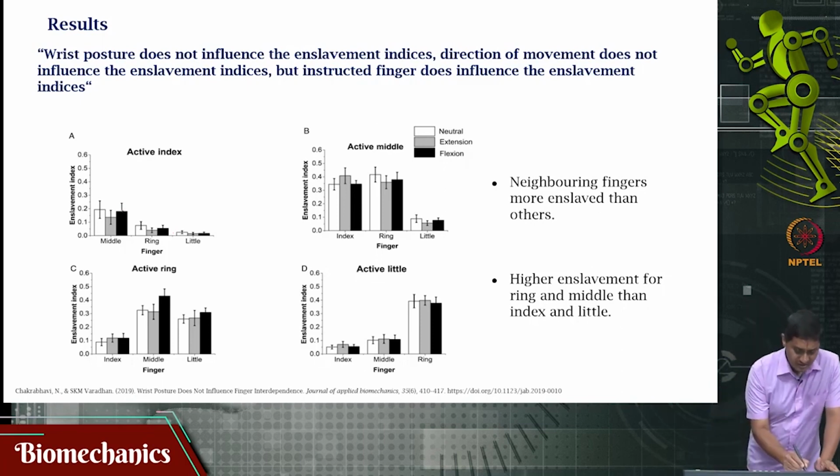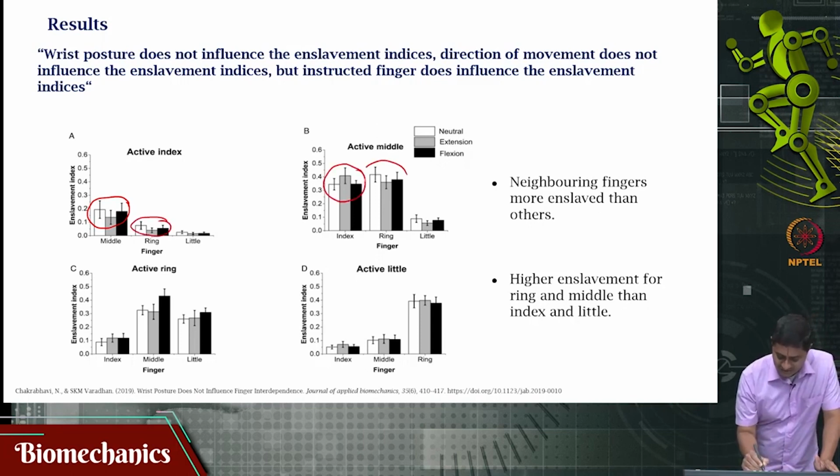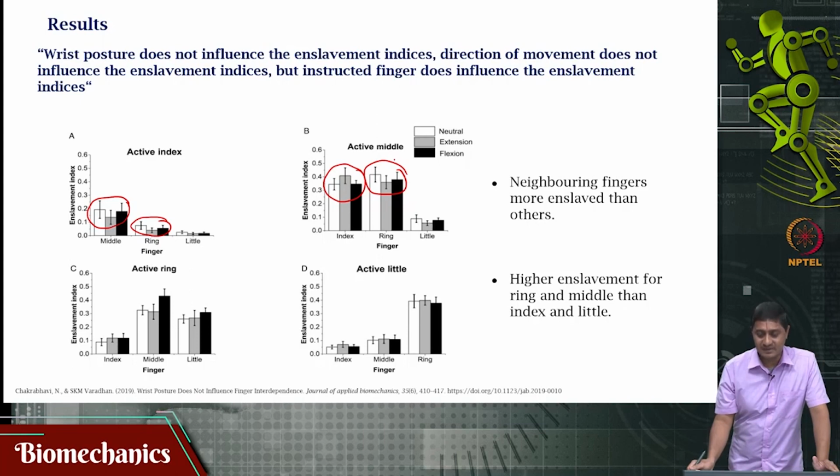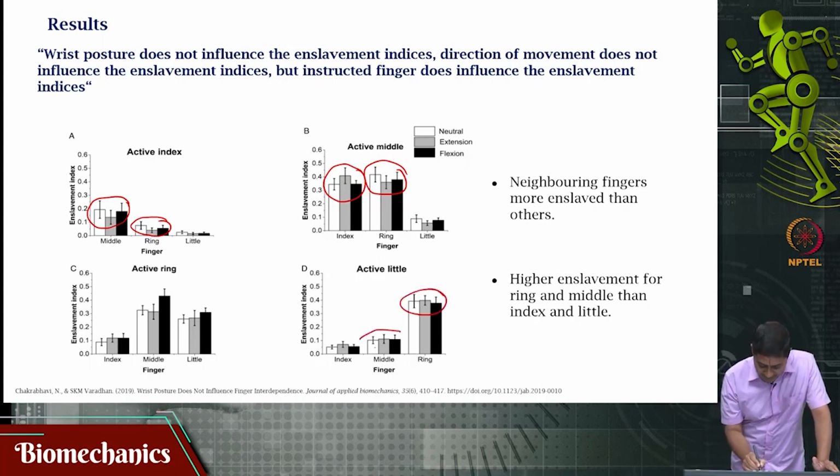Within this, are they different? Within this, are they different? And within this, are they different? I am only interested in comparing the heights of these three colored bars, white bar, grey bar and black bar, within a condition and within an instructed finger. Okay, that is my interest, and it appears throughout, everywhere.